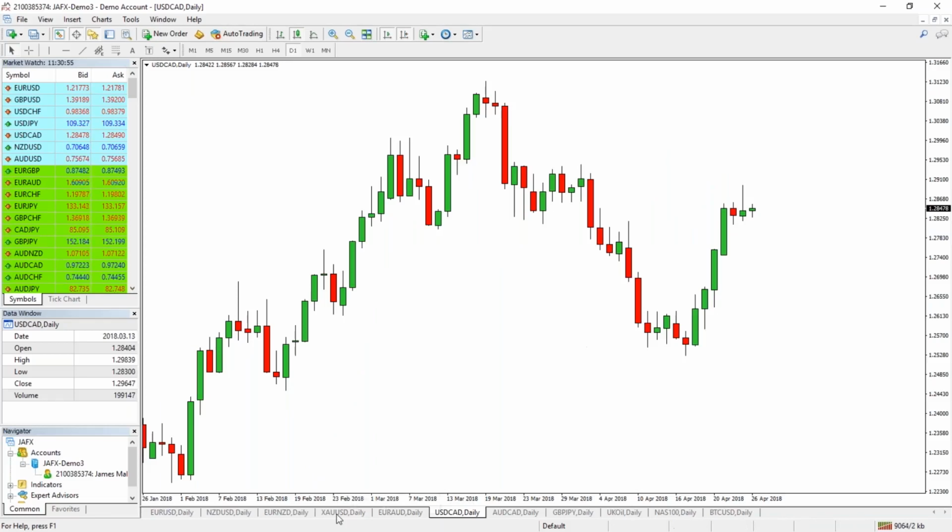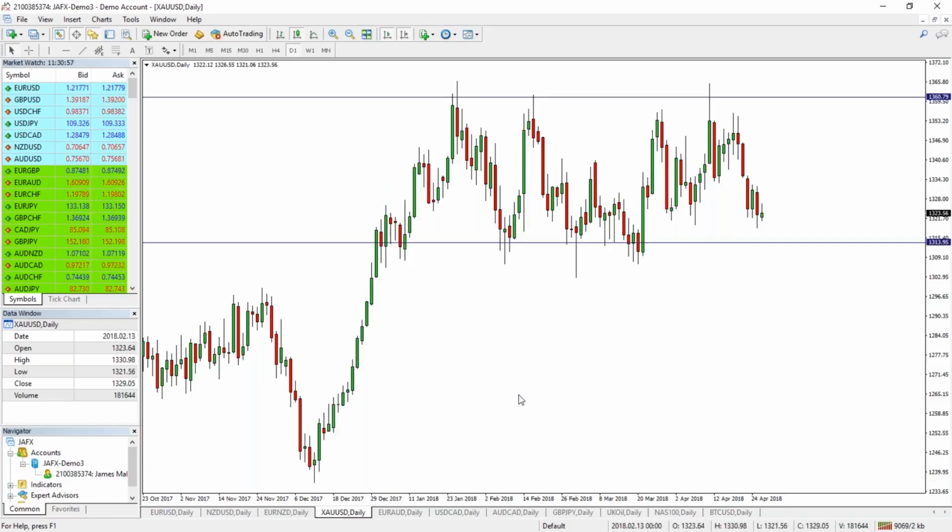We've seen some strength in the dollar against the New Zealand dollar and across many other pairs, including the US dollar against the Canadian dollar.